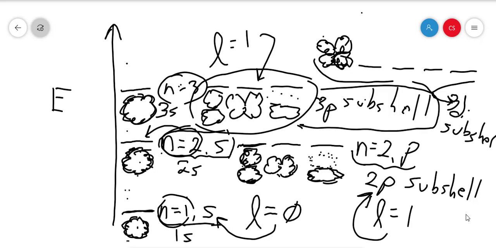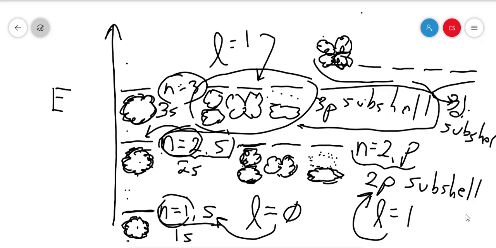And then there's a third number that corresponds to how many of the different orbitals there are of that shape. And that's an m quantum number. It's a magnetic quantum number.